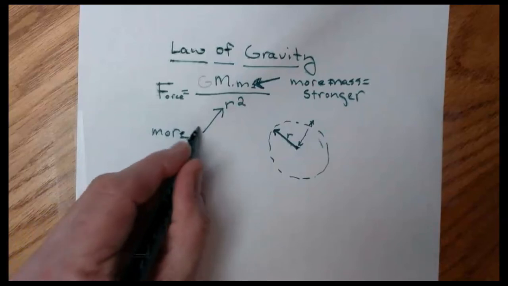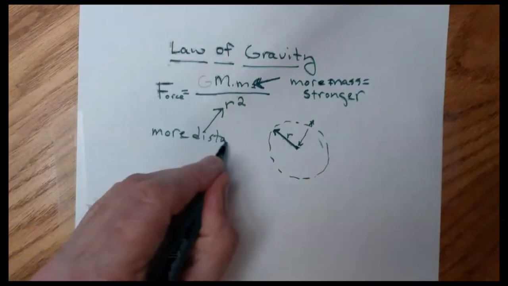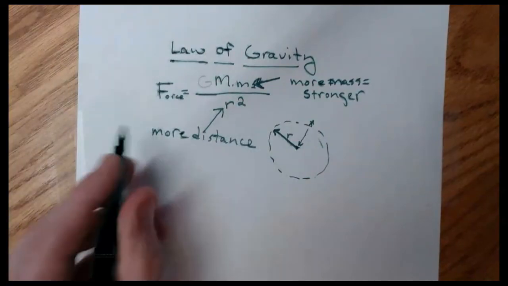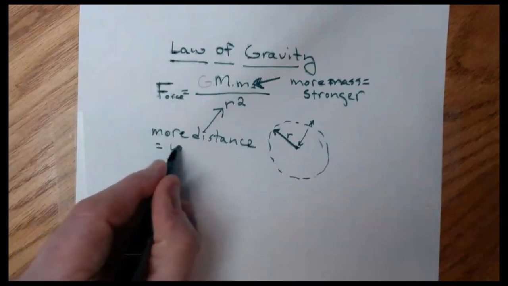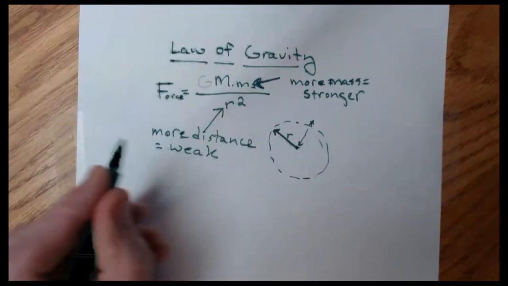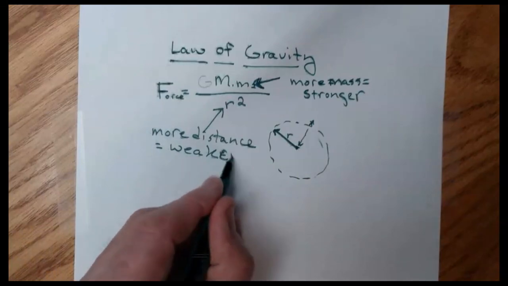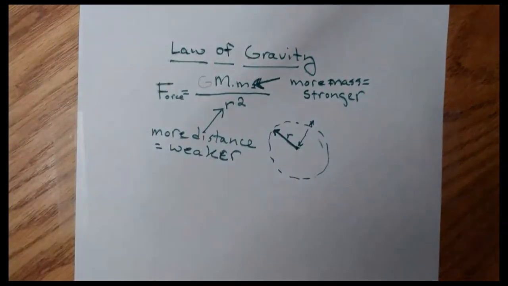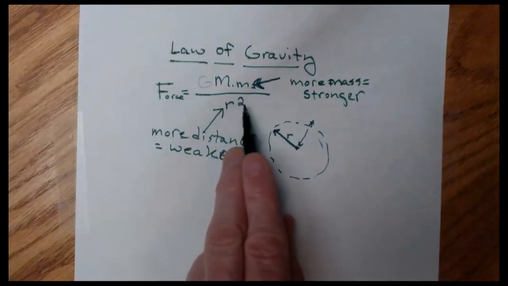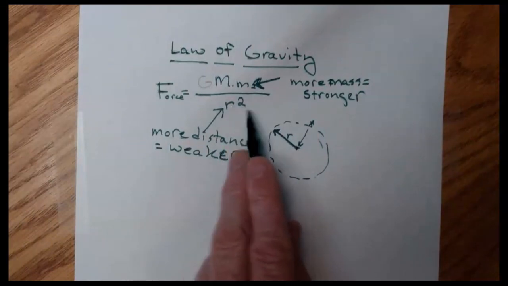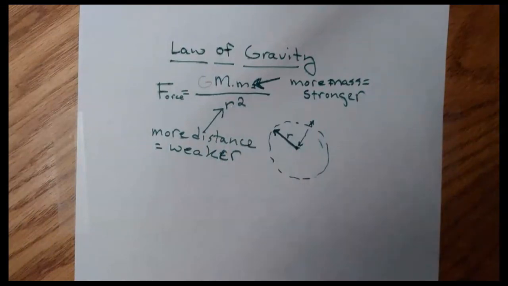More distance equals weaker. I'm hoping you're understanding this. So the further you are, the weaker the pull. The closer you are, the stronger the pull. Okay, that's what that means. And this squared relationship means as you get away from it, it gets a lot weaker really fast. It's called the inverse square relationship. But again, we'll worry about that when you get into high school.